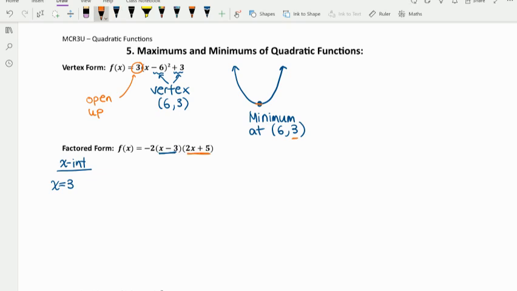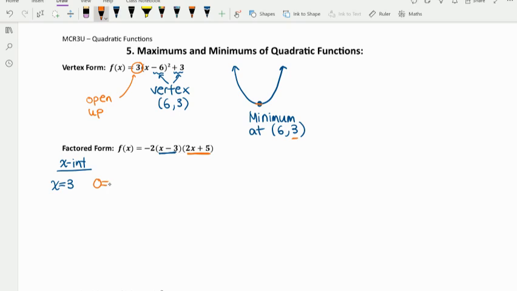Your x-intercepts basically come from what value makes this whole bracket become 0. So if I plugged in a 3 in my first bracket, the whole thing becomes 0. So I need to figure out what value of x makes my whole bracket equal 0.